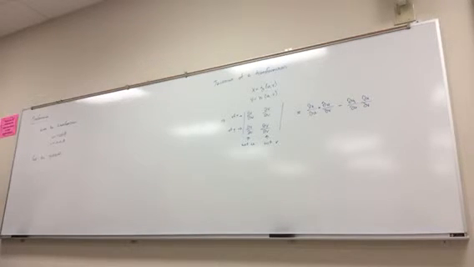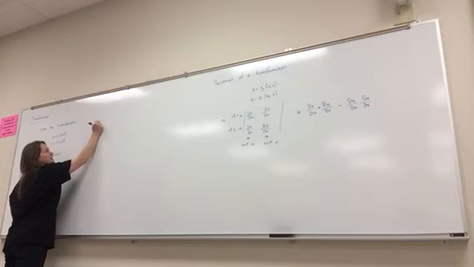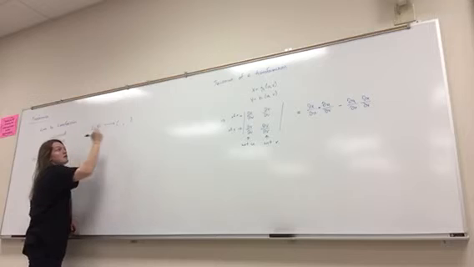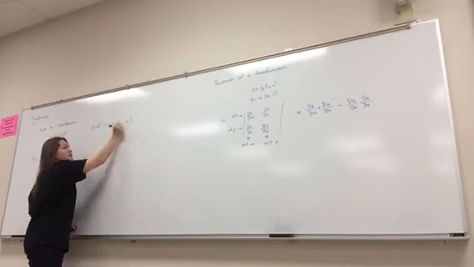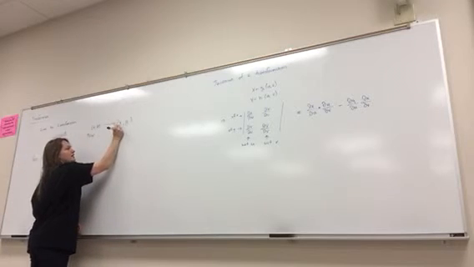It takes what to what? What do I plug in? Do I plug in x's and y's here? I plug in r's and thetas, right? So this transformation takes me from r and theta to, what will it give me out? x and y, right? It takes me from polar to rectangular.